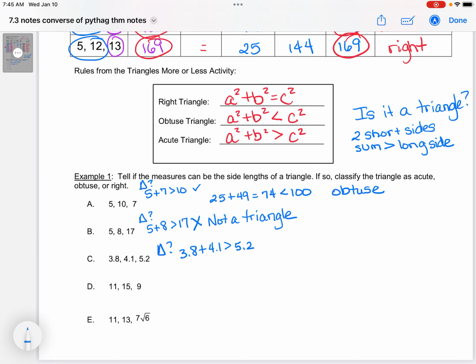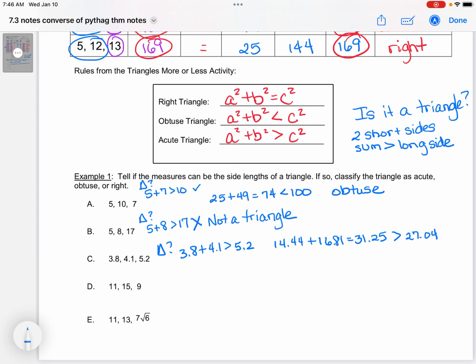So 3.8 squared is 14.44 plus 4.1 squared is 16.81, and that equals 31.25, and 5.2 squared is 27.04, so that is greater than 27.04.